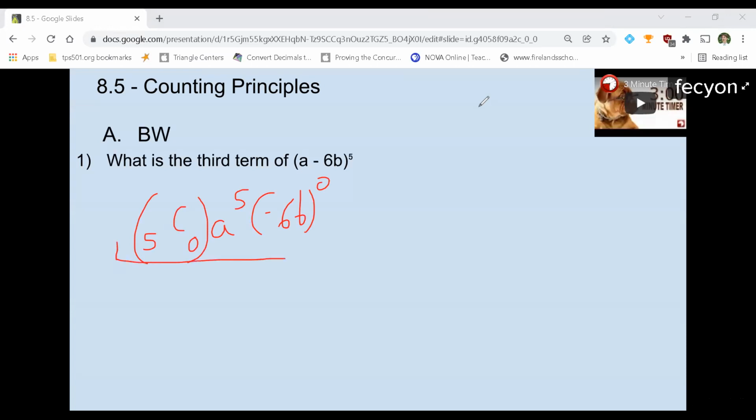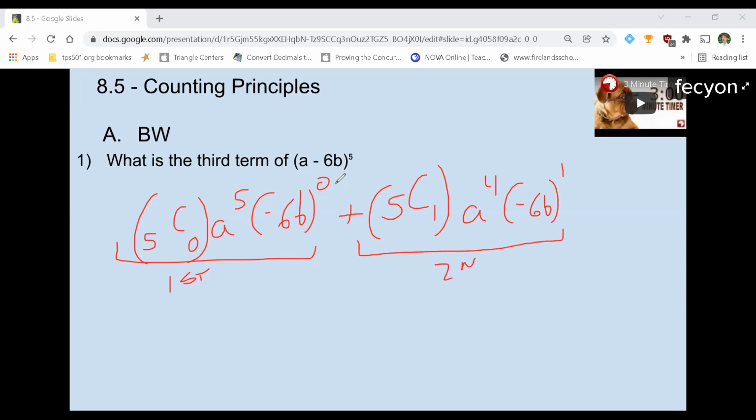That's the first term in the sequence. You start the a power at the maximum, 5. You start the second component's power at 0. The next term would then be 5 choose 1, a to the 4th, negative 6b to the 1st. That would be the second term.